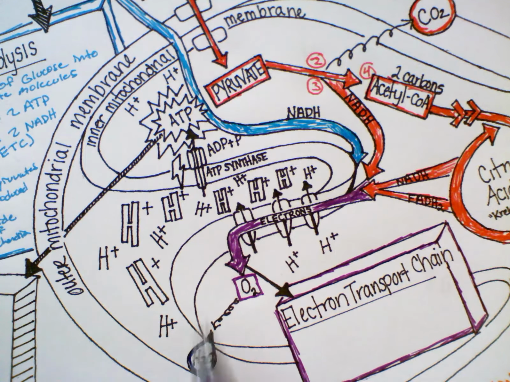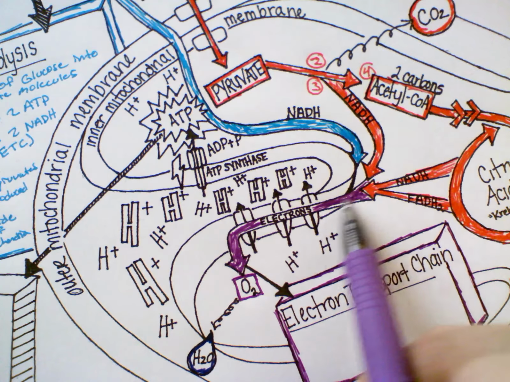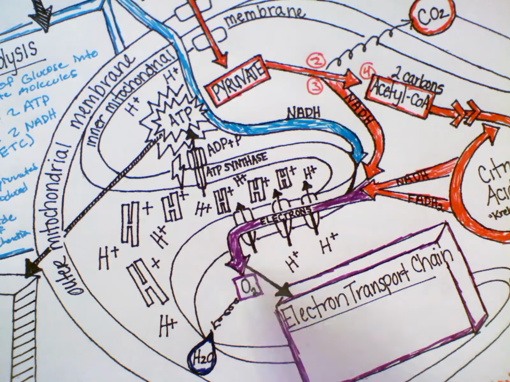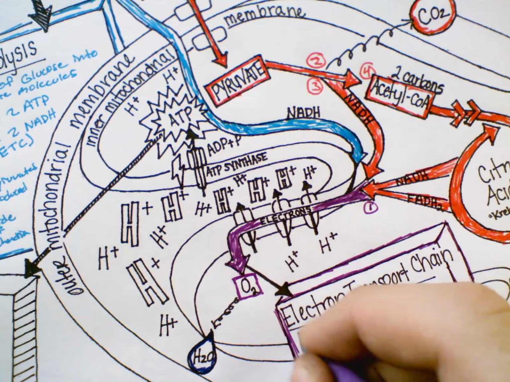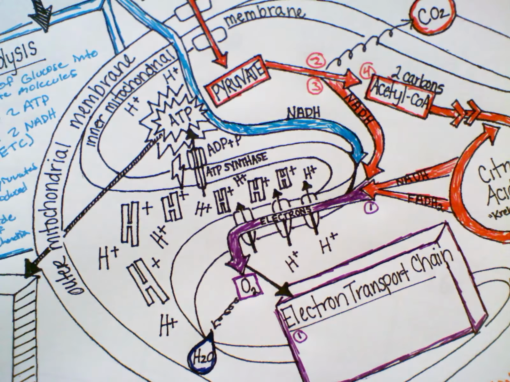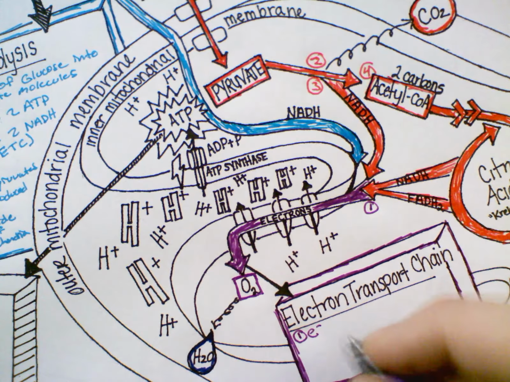All right, so we end up making water, and that's where the water comes from. Now what we have done is sent electrons through the electron transport chain, and I need to tell you what was going on during that time. Number one, right here. Try to stay with me.